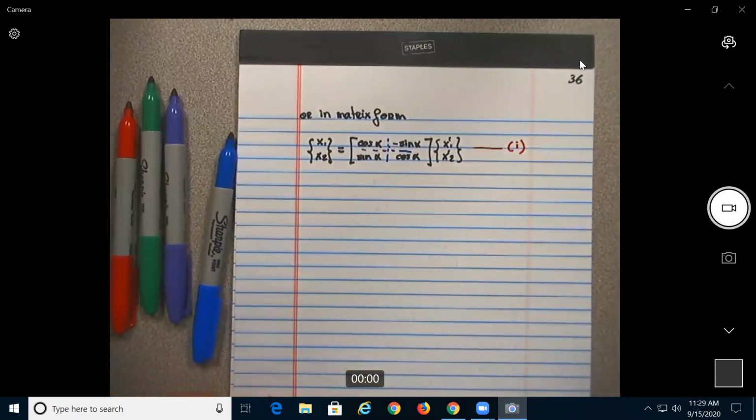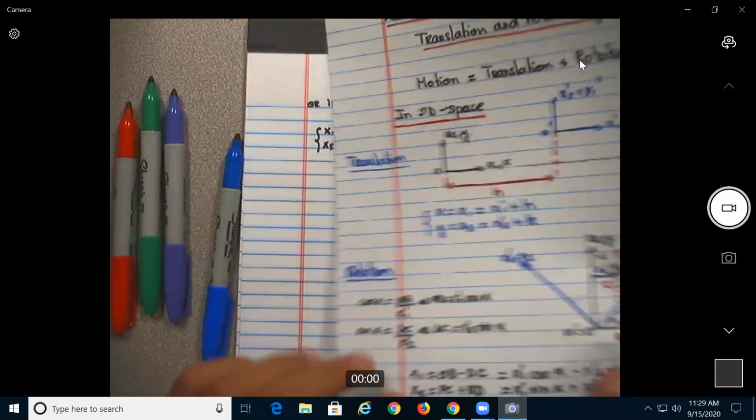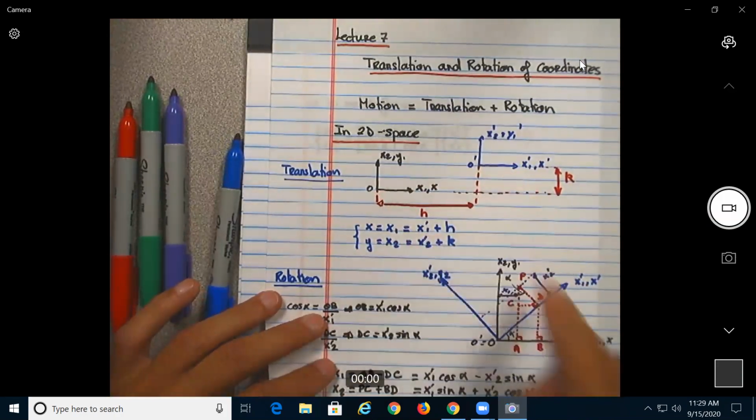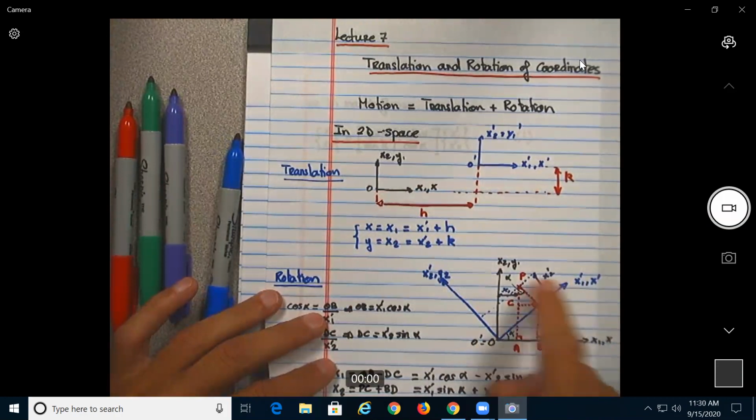So this matrix over here will tell you how to go from this current system into this one, no? For rotation. But we should also be able to do the reverse transformation, to go from the rotated one to the other one.